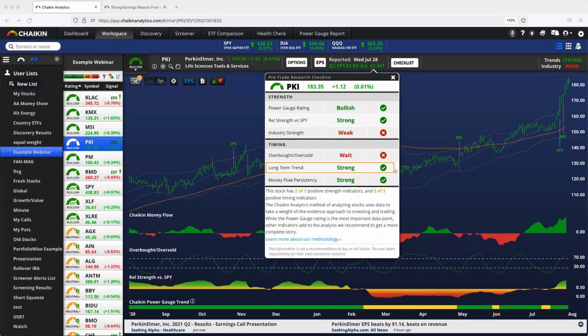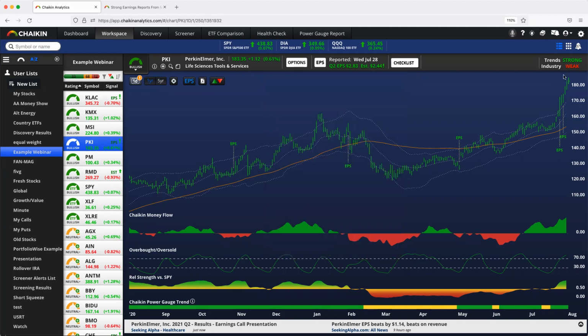It is not exactly the same, right? The long-term trend here in the checklist could stay strong, neutral, or weak. The trend up here in the top right corner is less complicated. It says only strong or weak. Those are your only two binary choices. The industry indicator here is exactly the same. So what does it mean and where did these come from?